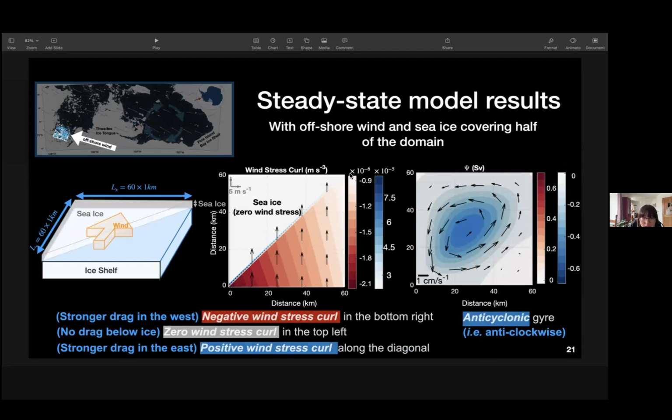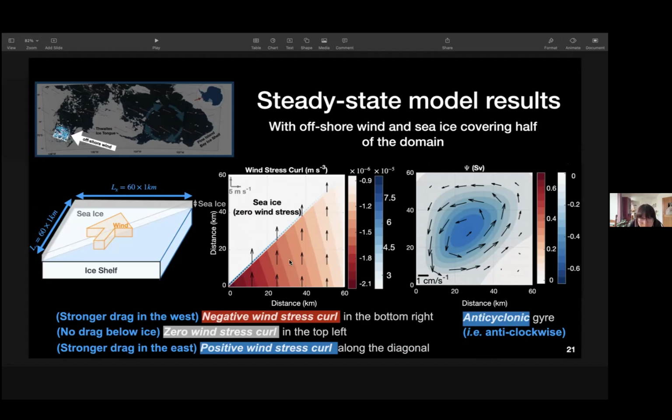While we have the cyclonic wind forcing everywhere here, because we have the sea ice blocking all the wind stress transferring from the atmosphere to the ocean, now along this diagonal separating the sea ice zone and sea ice free zone, we have the blue patches here, which means that we actually have positive wind stress curl. So that is anti-cyclonic.